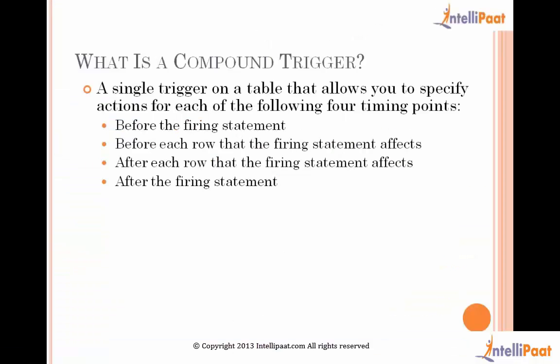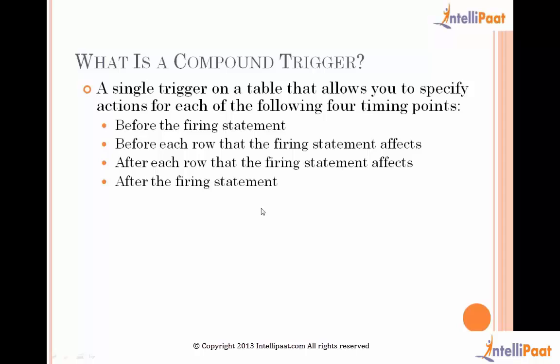So what is the compound trigger? A single trigger on a table that allows you to specify actions for each of the following four timing points: before the firing statement, before each row that the firing statement affects, after each row that the firing statement affects, and after the firing statement.